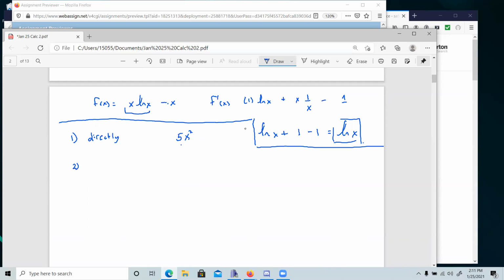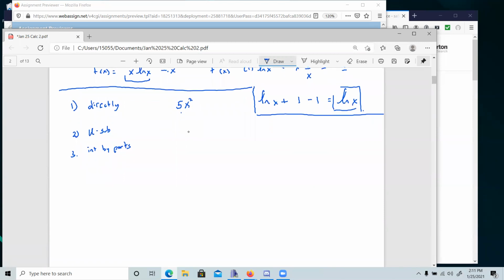Second, how much practice have you had with U substitution so far? Yeah, quite a lot. So U substitution is your next choice. And then you want to try integration by parts. Now, there's certain forms that have to be done by integration by parts.